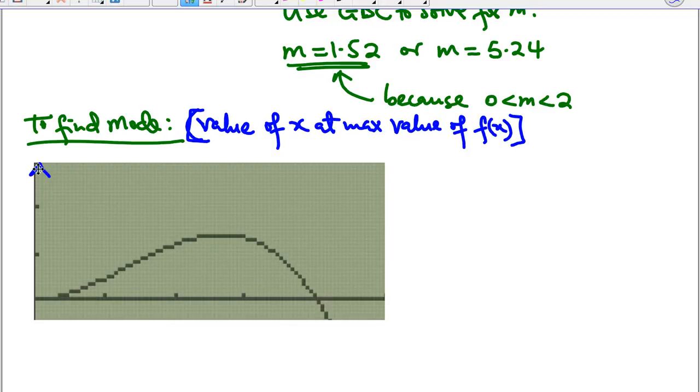So remember, this is f. Not really f. This is y, and that is x. So you want to find x max at the maximum point.